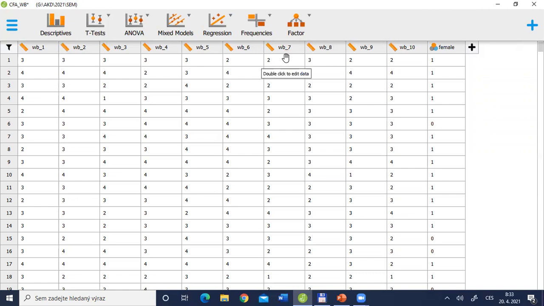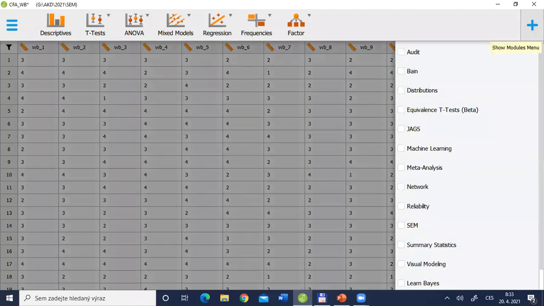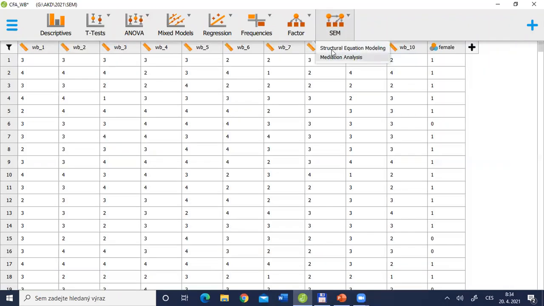The next step is to find a procedure for computation of confirmatory factor analysis. We have at least 2 options in JASP. We could once again ask for structural equation models, and here we would take the structural equation modeling general approach, and it would be necessary to include lavaan syntax into the window which is present here in this dialog.